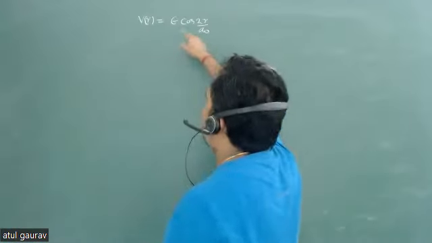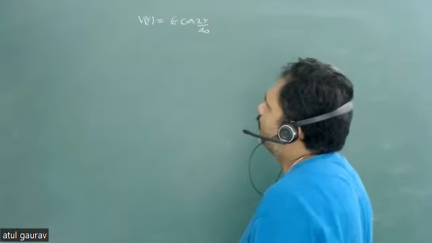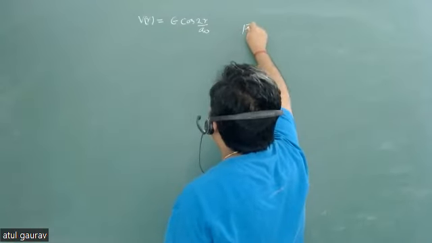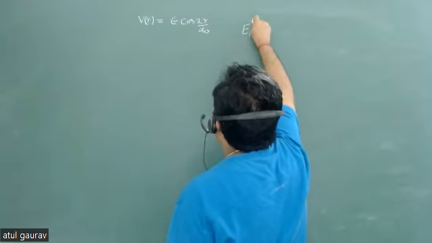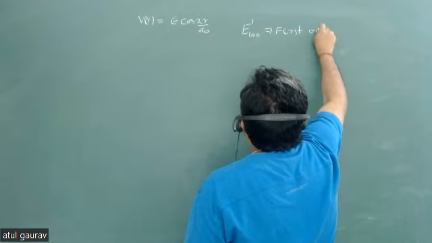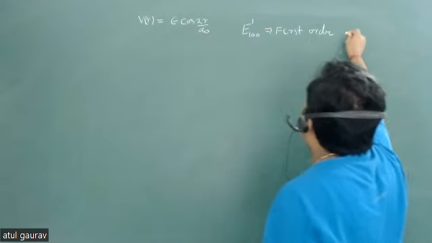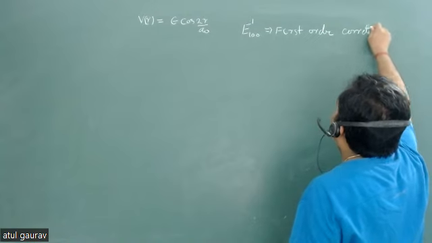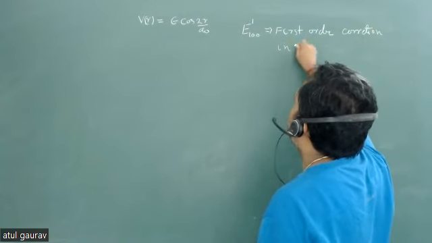So this is your perturbation when your hydrogen atom is in ground state. So what you have to do? You have to calculate E1001. That means you have to calculate first order correction in ground state.